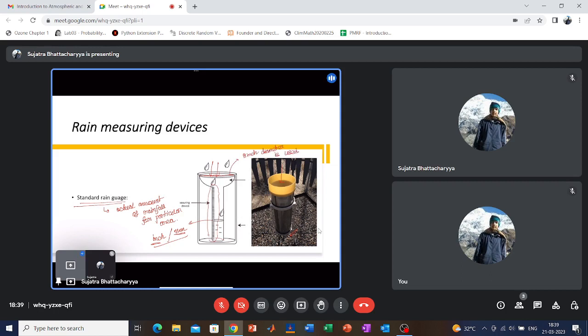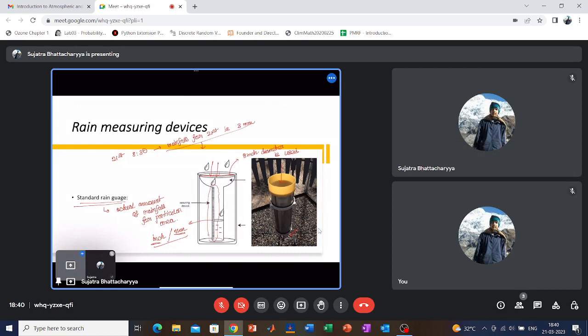And how is this rainfall measured? So suppose today is 21st. At 8:30, it has been given that the rainfall for 21st is some 3 millimeter. What does this mean?